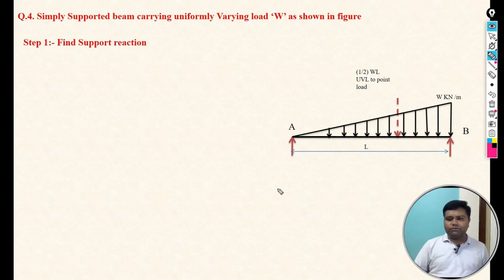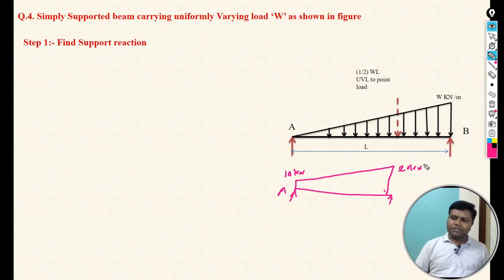Maybe we can consider this uniformly varying load like this. Let's say this is a simply supported beam, and point A has some magnitude of load, that is 10 kilonewton per meter, and at point B, let's say it's 20 kilonewton per meter.